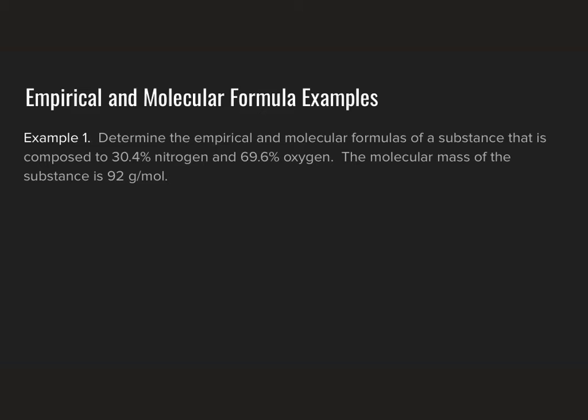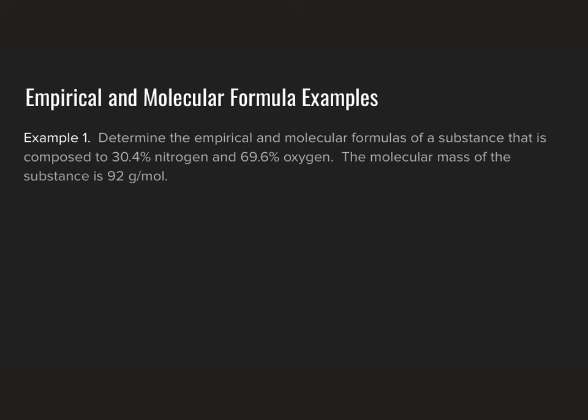So for this example problem, we're going to determine both the empirical and the molecular formulas of a substance that is comprised of 30.4% by mass nitrogen and 69.6% by mass oxygen. We've also been given that the molecular mass of this particular substance is 92 grams per mole.